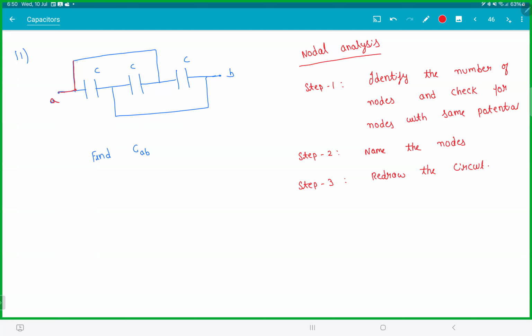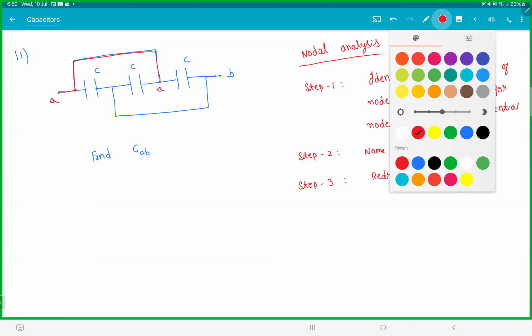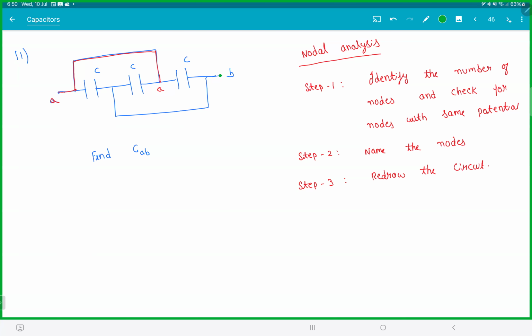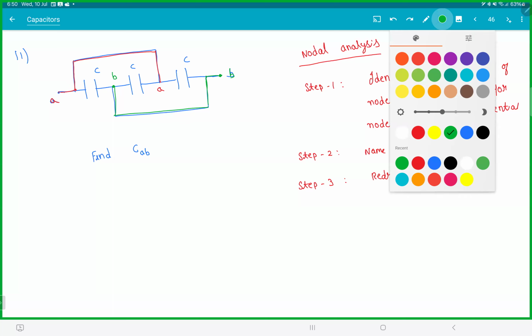This is a wire, meaning this entire wire will have the same potential. So this point is also A. Isn't that what a wire does? It makes the potential the same everywhere. If this point is B, this is a wire, so this entire part is potential B. So even though in reality there are 4 nodes, node 1, node 2, node 3, node 4, there are only 2 unique nodes or 2 same potentials.